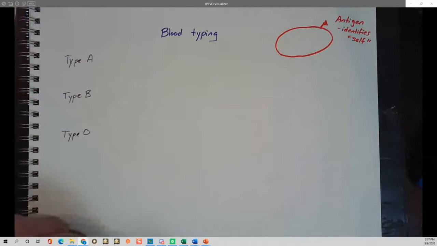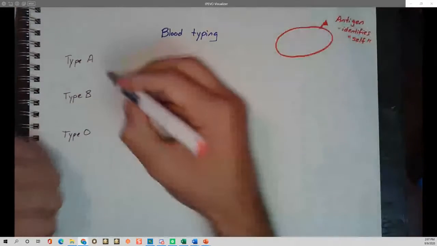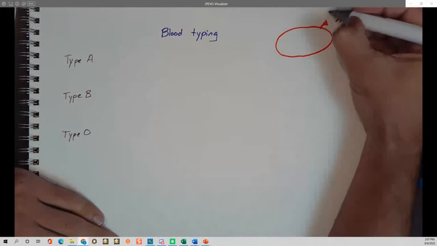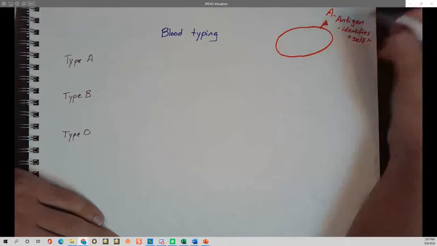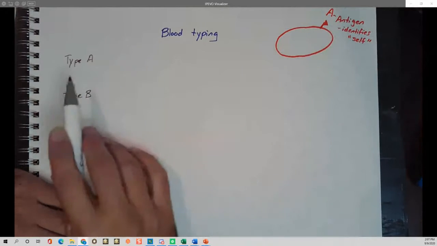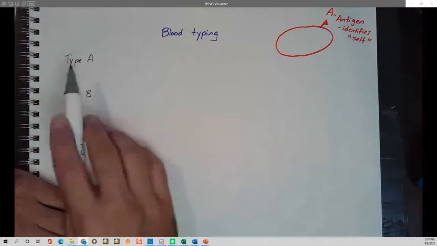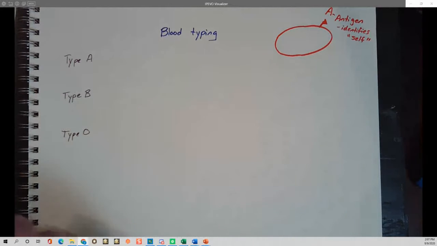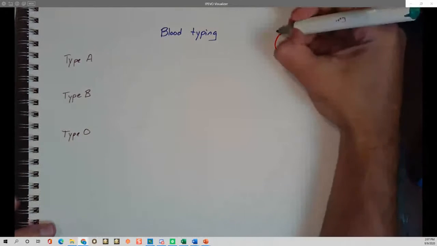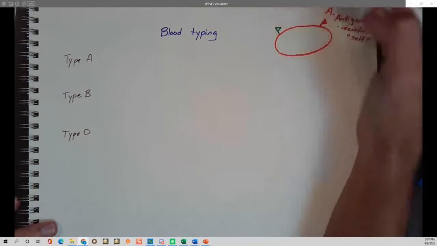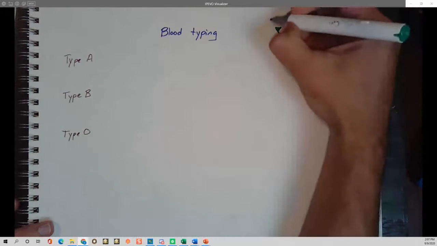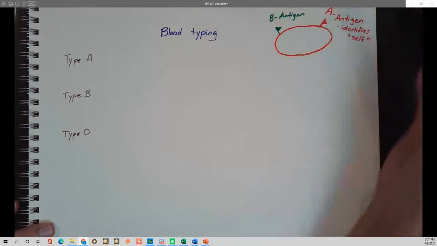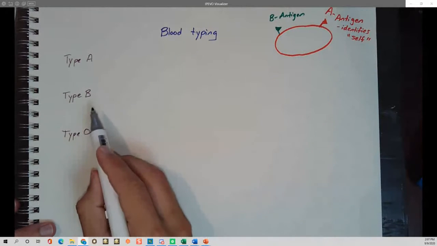So guess what these antigens are called? Those are our types. So there's an A antigen. If you had the A antigen, you would have type A blood. There's another antigen called a B antigen. If you have the B antigen, then you'd have type B blood.